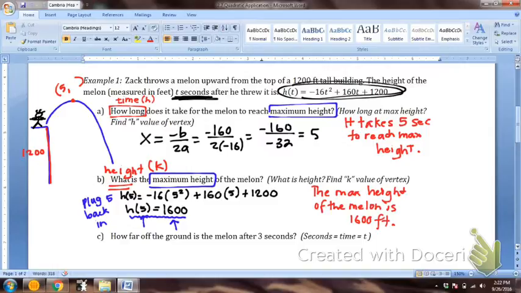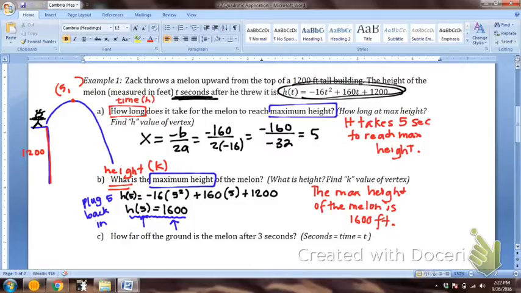The max height of the melon is 1,600 feet. Okay, questions so far?